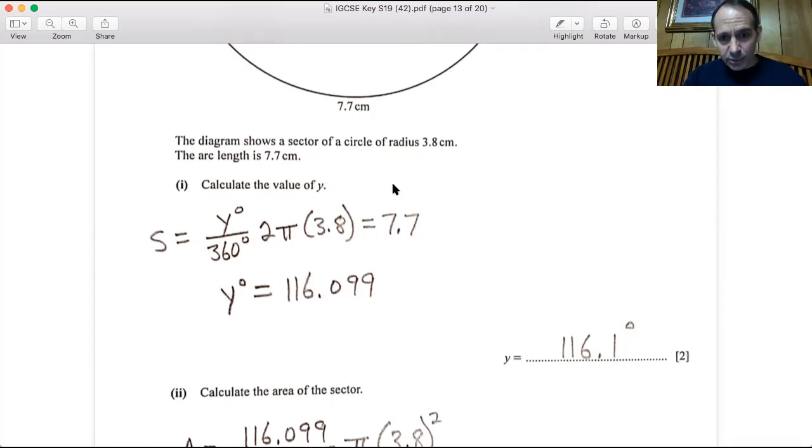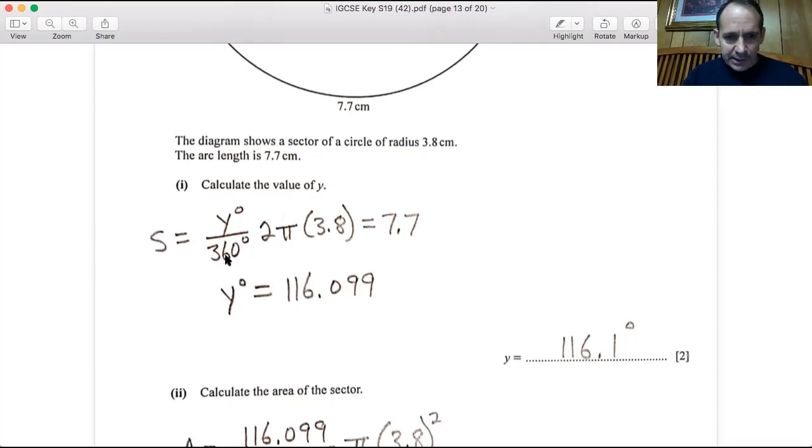You set it equal to the 7.7 because that's the actual arc length. Then you solve for y. So multiply the degrees, sine cancels here.